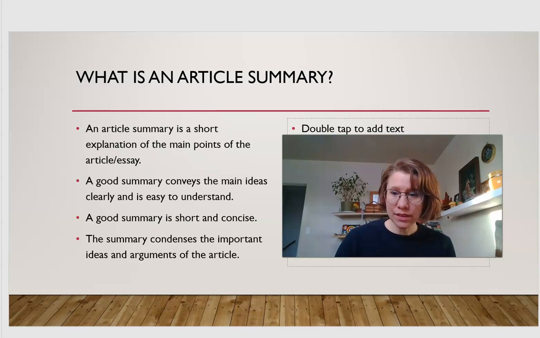So once you have found the articles that you want to use, I'm asking you to write an article summary. And an article summary is basically just a short description of the main points of that article that you've read. So every article or every essay, published essay, will have key ideas, a thesis statement or argument, and use various forms of evidence.